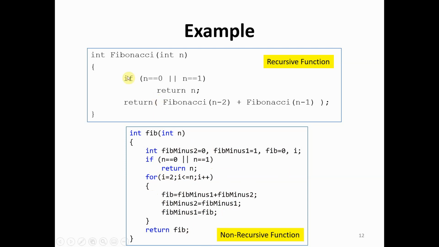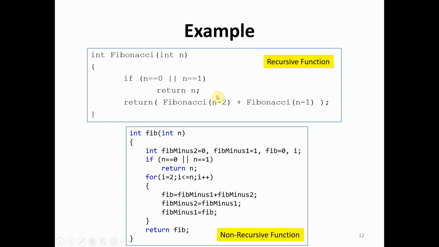But we can also implement the Fibonacci series, or this function, recursively. Here we just say that if n is equal to 0, we return 0, because we assumed the first number is 0. If n is equal to 1, just return 1, because the second number was 1.